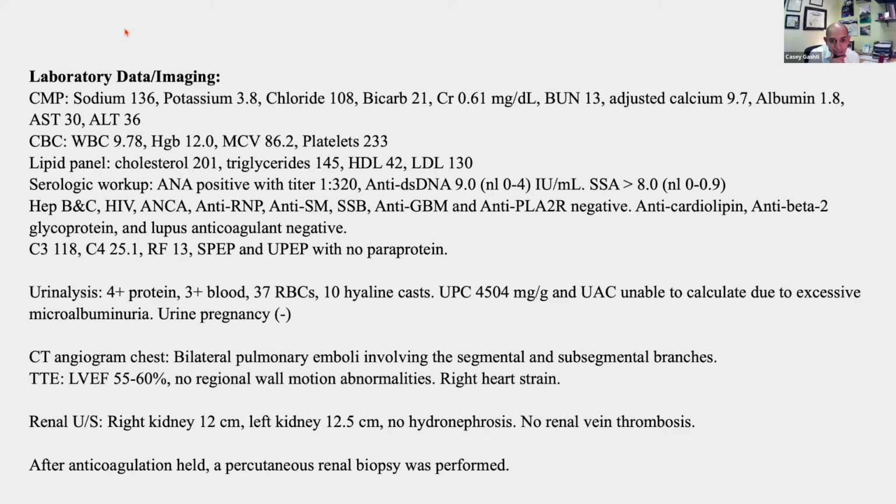So that, plus the fact that her complements are normal, but then she has such a severe degree of nephrosis to a point where she has bilateral PEs, makes me think more towards a membranous lesion. Of course, she could possibly also have just a primary membranous, but having these lupus serologies will obviously sway me more towards this being secondary, and PLA2R is negative.